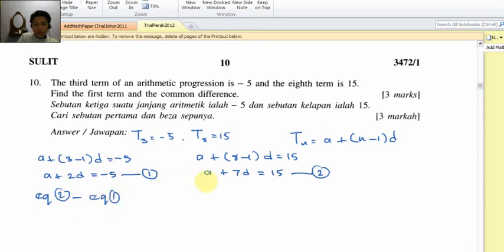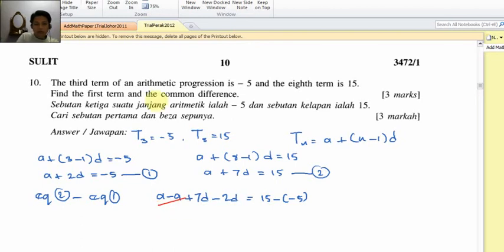Then we have a minus a, that becomes 0, and then 7d minus 2d, and then on the right hand side of the equation is 15 minus 5. So over here on the left, a disappears because a minus a is gone.